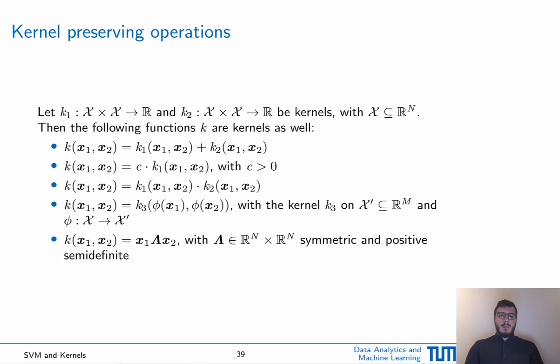So we know that adding two kernels gives us a kernel, multiplying a kernel by a positive constant gives us again a kernel, multiplying two kernels gives us again a kernel, and so on. So we have all of these operations which can be used to prove that a new function is a kernel. And I think this is what you will do in one of the homeworks.